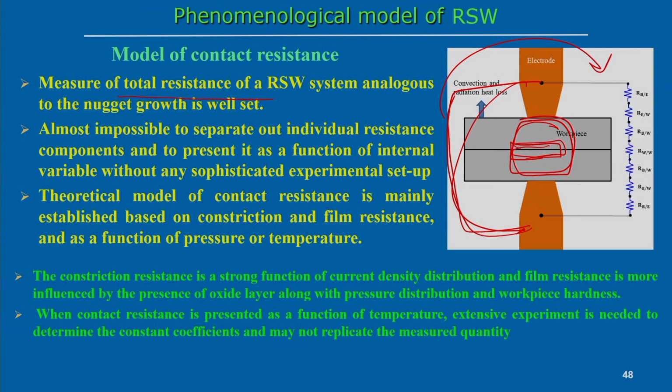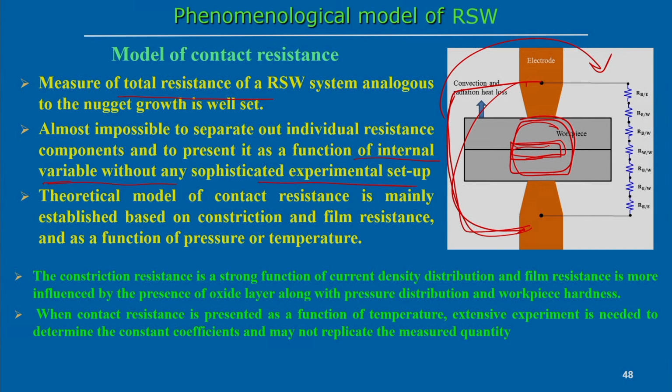Now, it is almost impossible to separate out the individual resistance components and present them as a function of the internal variable, meaning temperature, without a sophisticated experimental setup that can find each and every resistance component. But that is very difficult, as already mentioned, in an industrial process line.